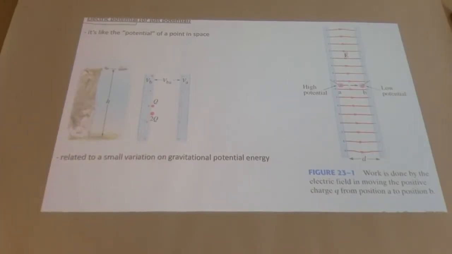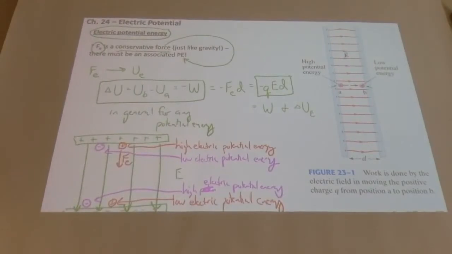These are actually two different things, and I hate the fact that two very different things have almost the same exact terminology. It's a bit of a problem. So let's go back and first describe again what electric potential energy is, and then I'm going to contrast that with the next slide and what electric potential is.